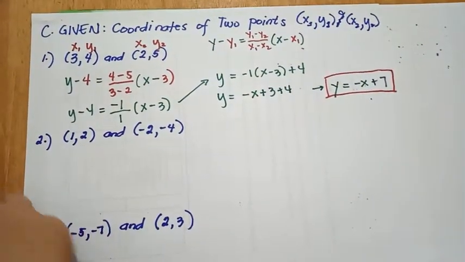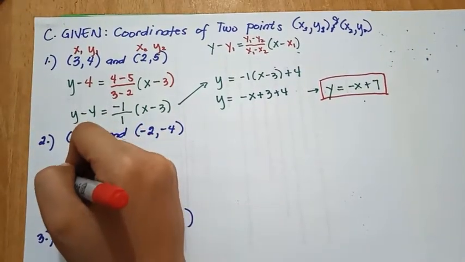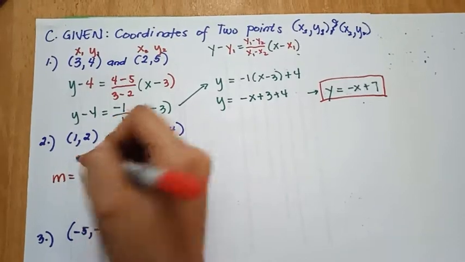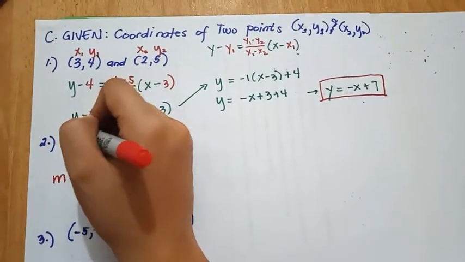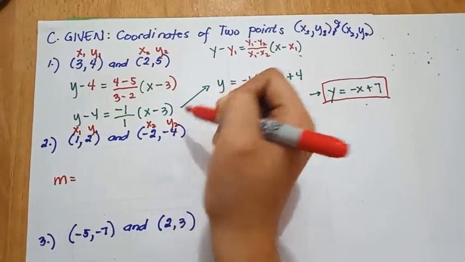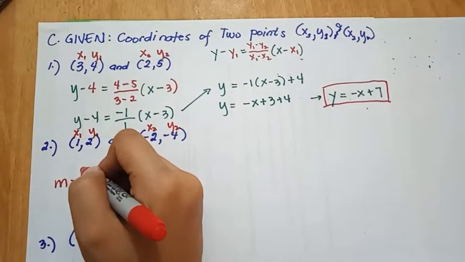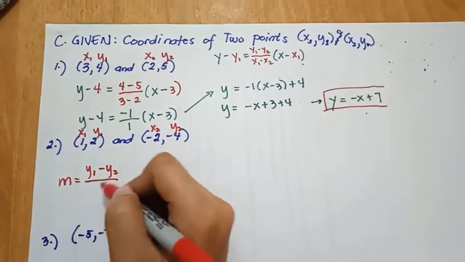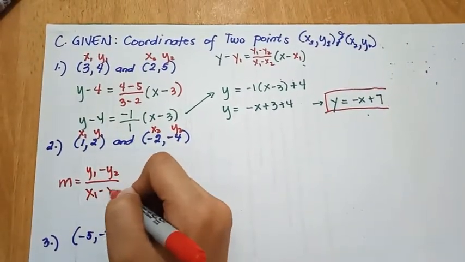So let us try solving the slope separately in the next given. So again, for the formula of the slope, given 2 points, if this is x sub 1, y sub 1, x sub 2, y sub 2, the slope will be y sub 1 minus y sub 2 over x sub 1 minus x sub 2.